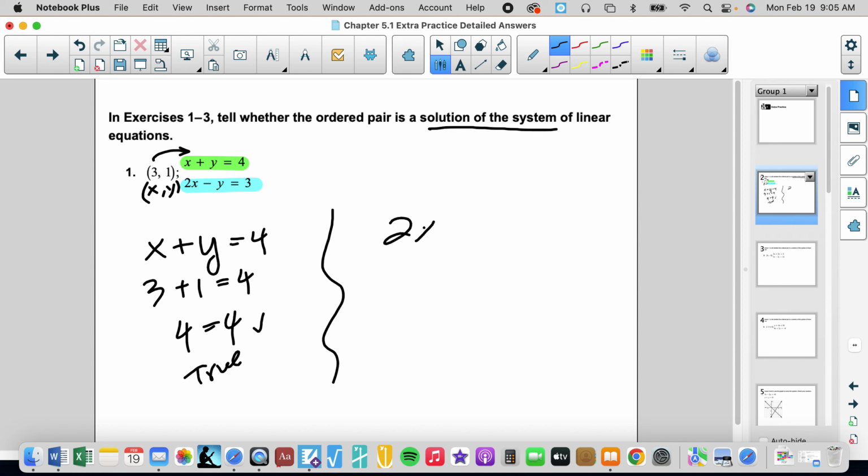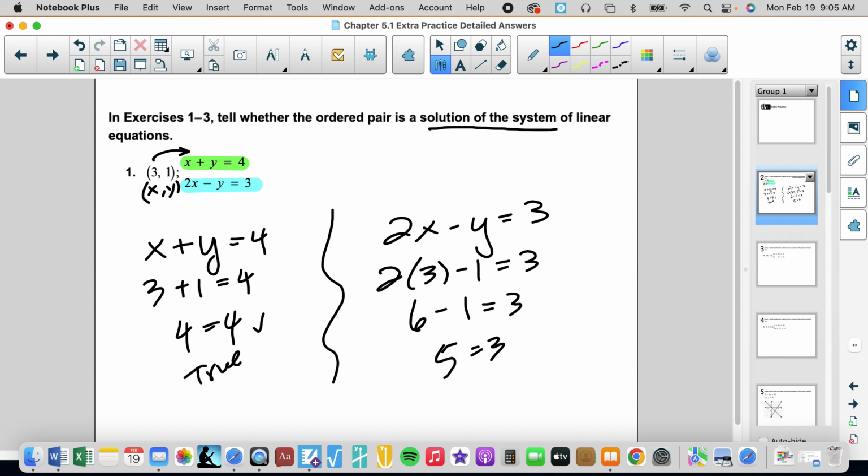Now we're going to take the other equation and we're going to plug in those values. And we get 6 minus 1 is 5, 5 equals 3. That is false. So we know that this point lies on this green line, but not the blue line.